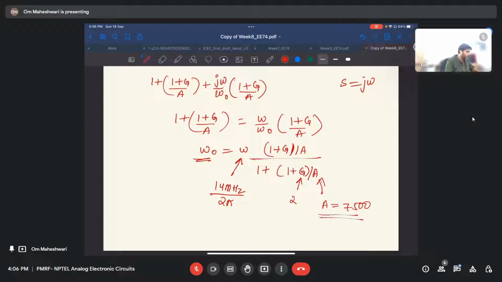That was 7500 we had calculated in the previous question. So if you find omega naught, you should get 35.17 kilo radian per second. So this is how you have to solve this last part.